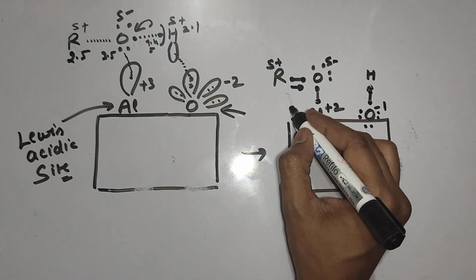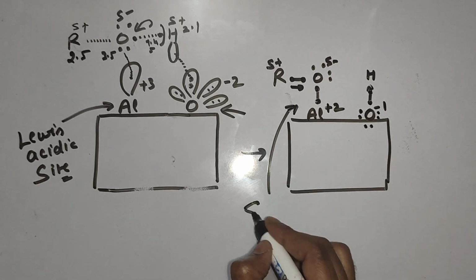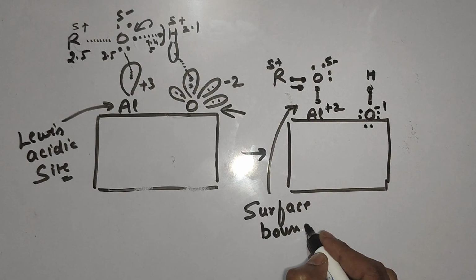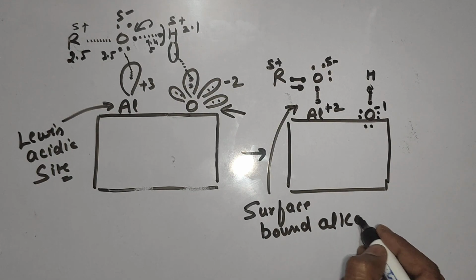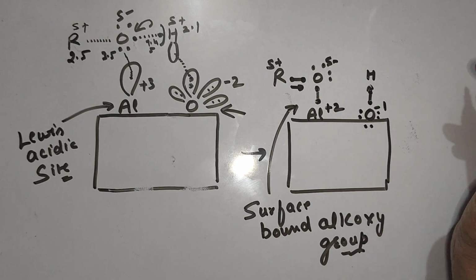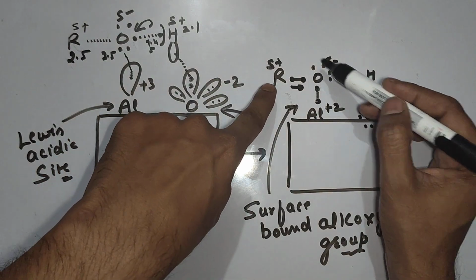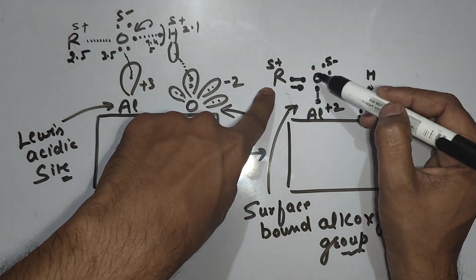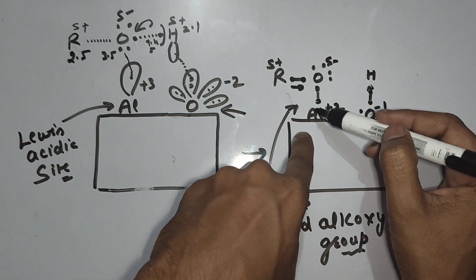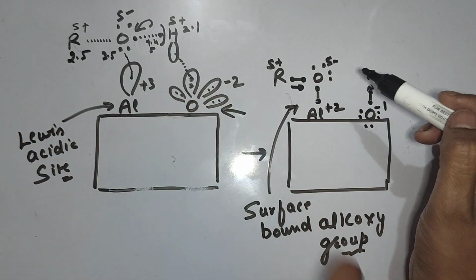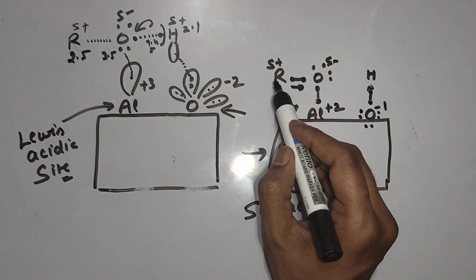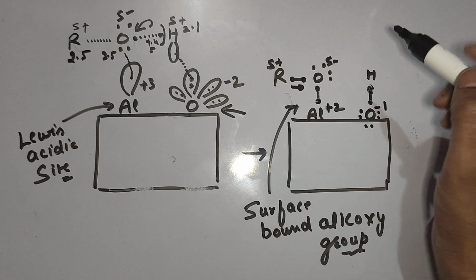This is known as a surface bound alkoxy group. OR, alkyl and oxygen, alkoxy group, and because it is bound to the surface of Al2O3 through the aluminium site, we are calling it a surface bound alkoxy group. This surface bound alkoxy group has carbon with a partial positive charge.